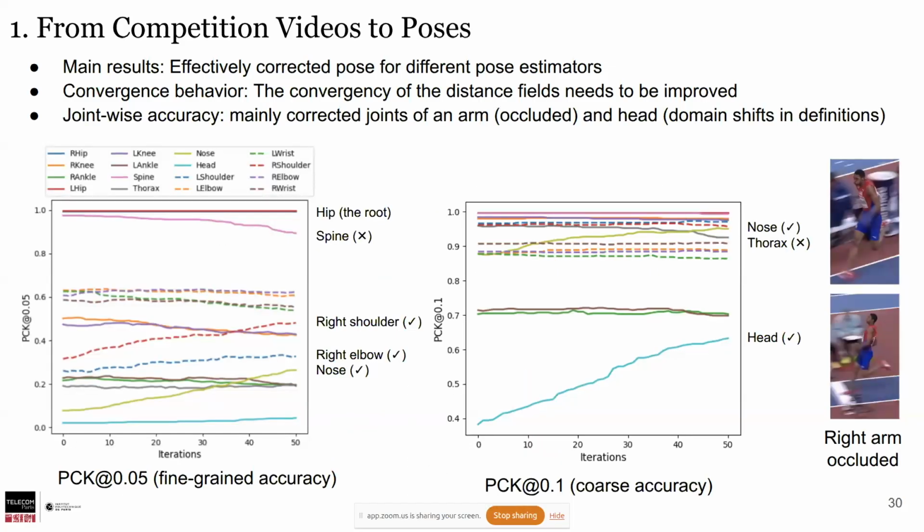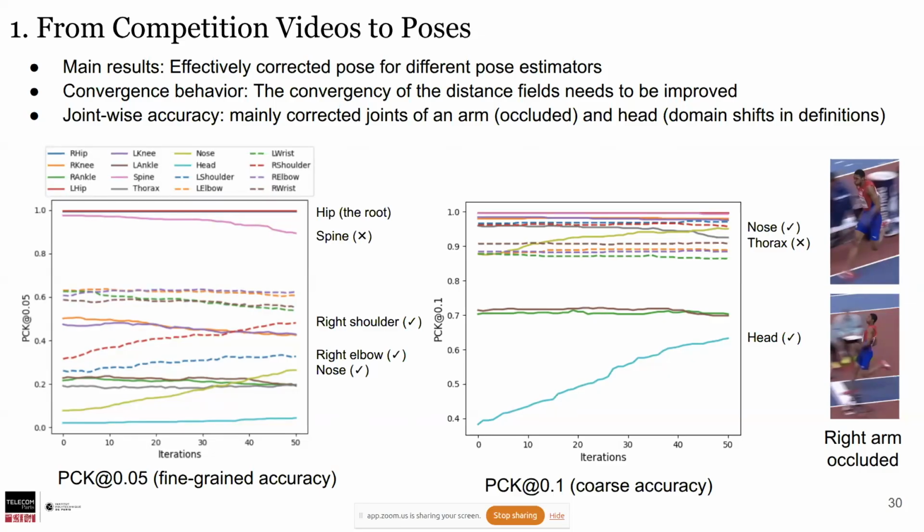Further, we checked the joint-wise correction. So we have here 19 joints. We check how each joint gets corrected across the iterations. We see that for most of the joints, first we look at the left figure, which is about PCK at 0.05. This means a fine-grained accuracy.